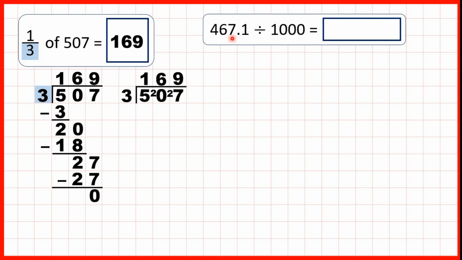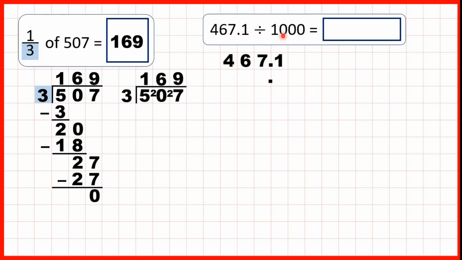Now we're dividing a decimal by 1,000, and the way I like to do this is to write out the number, and write a decimal point below the decimal point. Now we're dividing, so the digits are going to move to the right, so the number gets smaller.